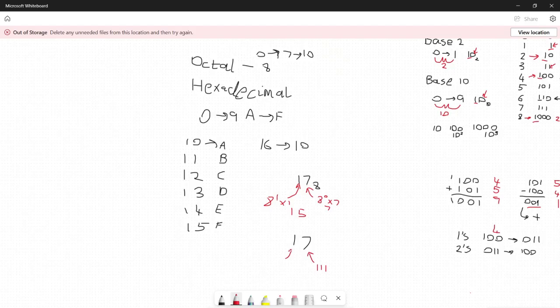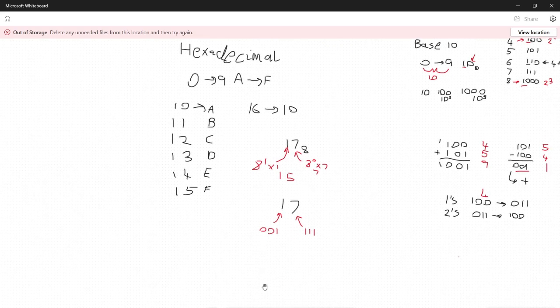And this 1, what is 1 in octal? That's going to be 0, 0, 1. And if we add these two numbers together, we will get 1, 1, 1, 1.